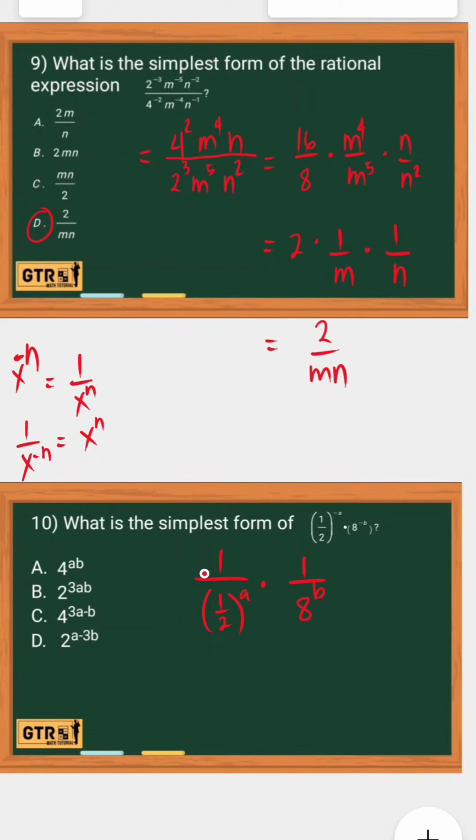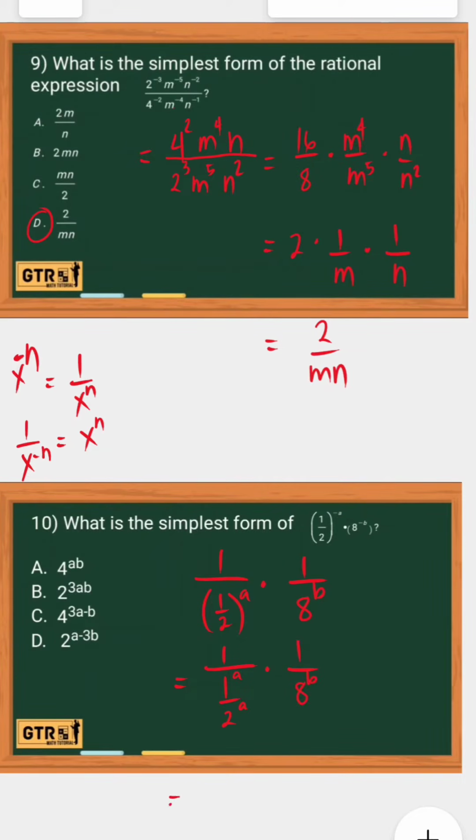Okay, so now apply, distribute the exponent. So we have a. So we have 1 over a over 2 over a. Okay, so we have 1 over a over 2 over a times 1 over 8b.